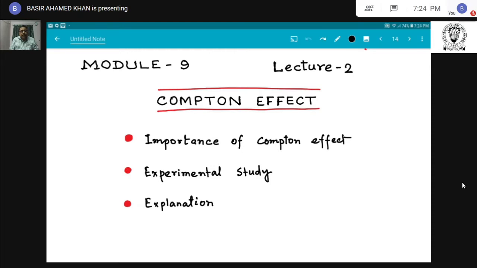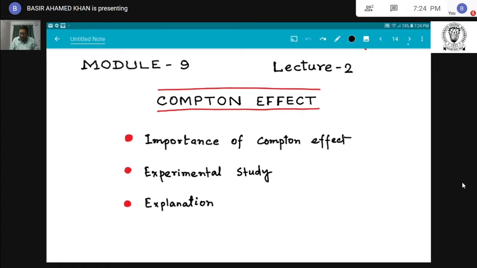It is the confirmation of the photon model, that means the light quanta, and this experiment also explains the particle nature of light. This is the most important property in this experiment.